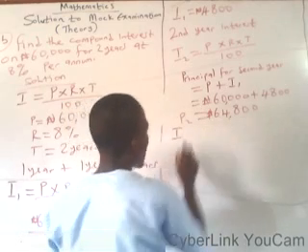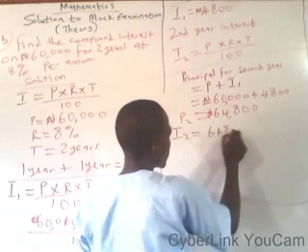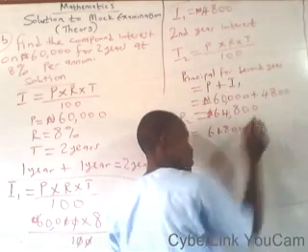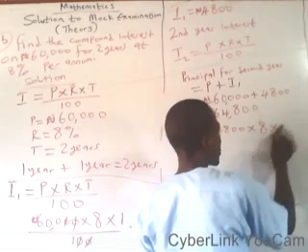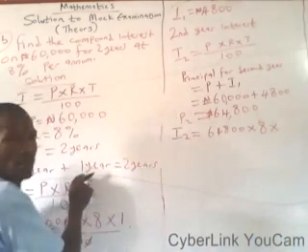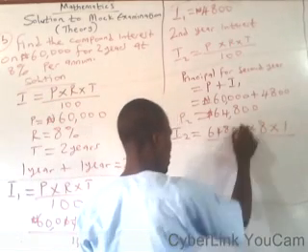Now we want to calculate I2, which is equal to 64,800 naira multiplied by the rate, which still remains the same, 8, times the second year, which is also 1, all over 100.